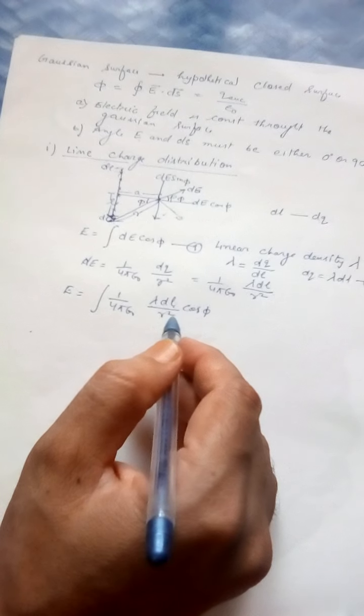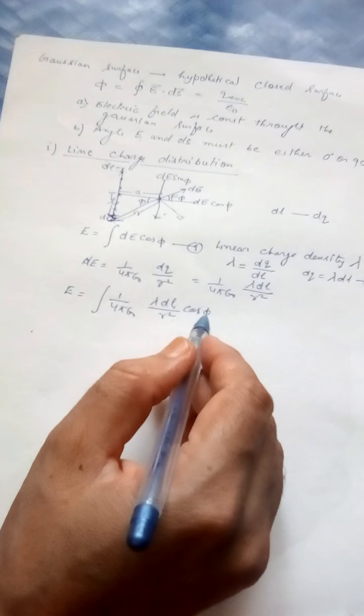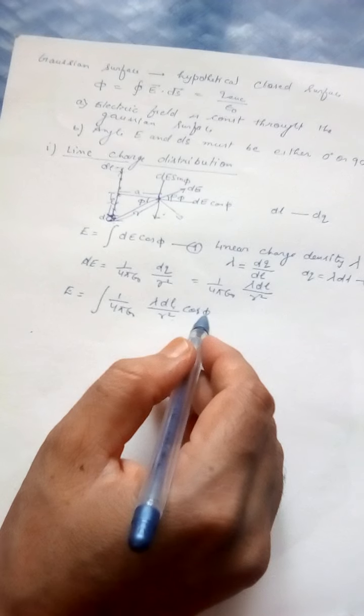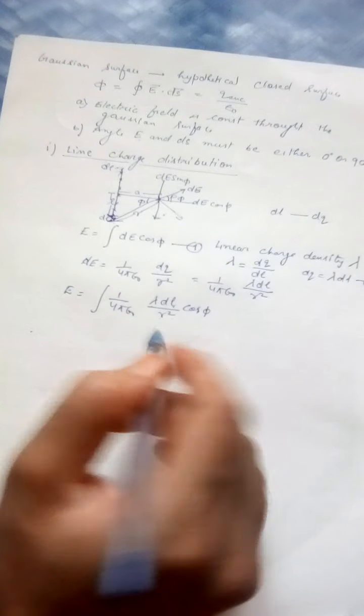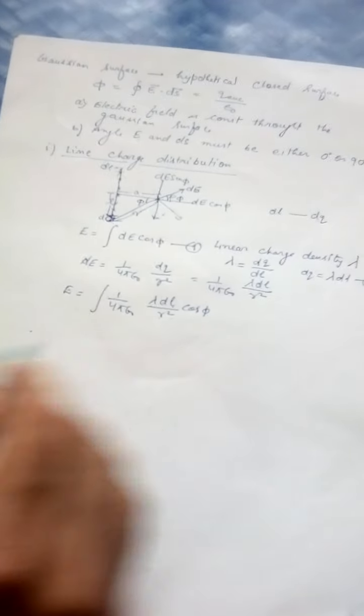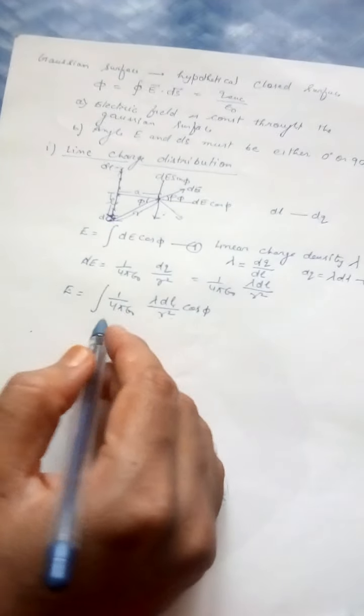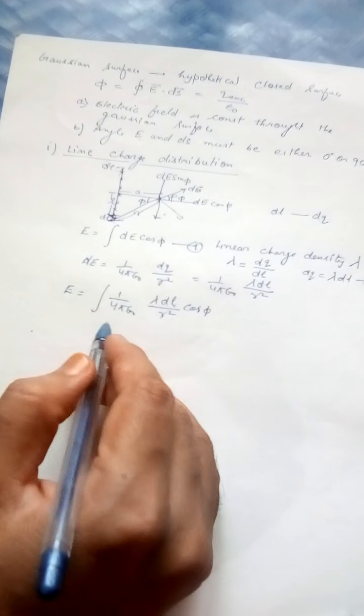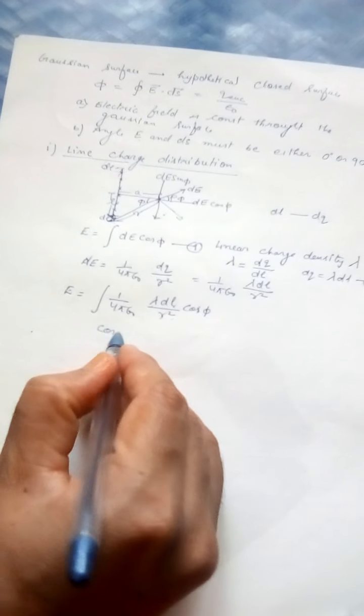We have to eliminate one of the variables. Either you write r in terms of phi, or you write phi in terms of r. That we are going to do. So here is r. What is the value of cos phi?